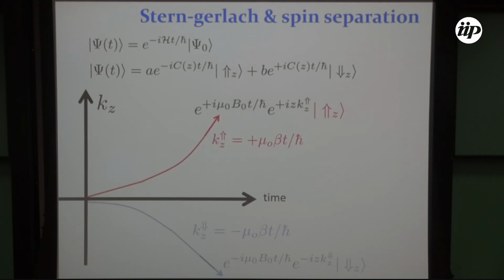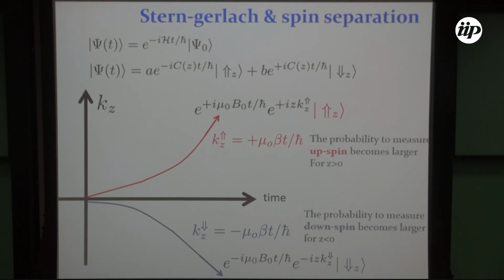But it turns out that if you look at these two components, you will see that you have a kind of time-dependent effective momentum that is kicking the up spin to the top while it's kicking the down spin in space to the bottom somehow. So what does that say?